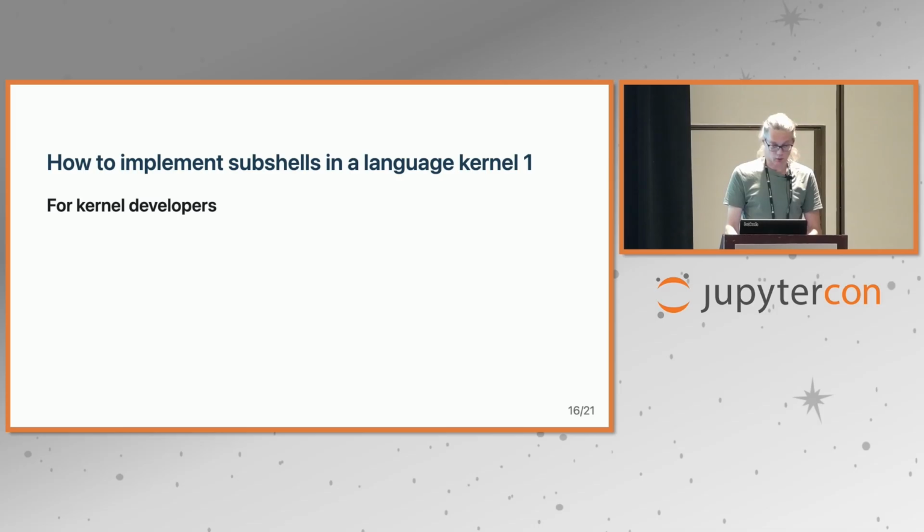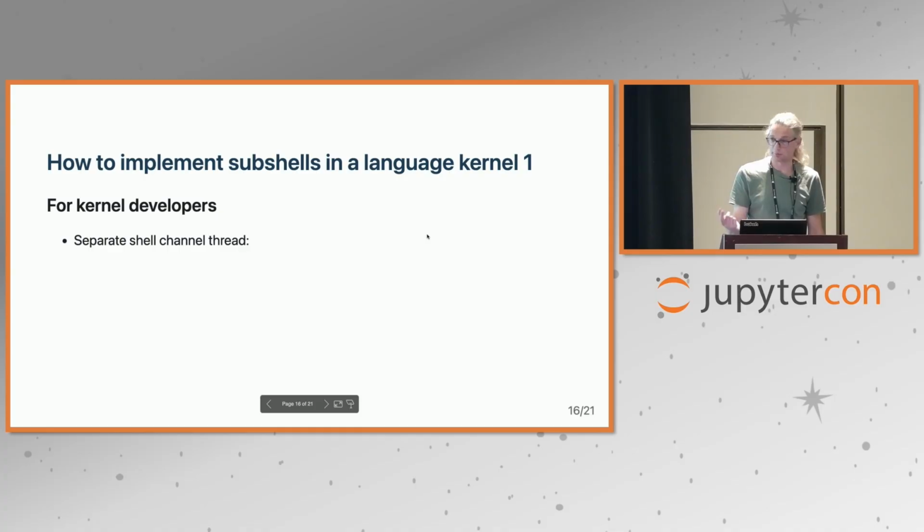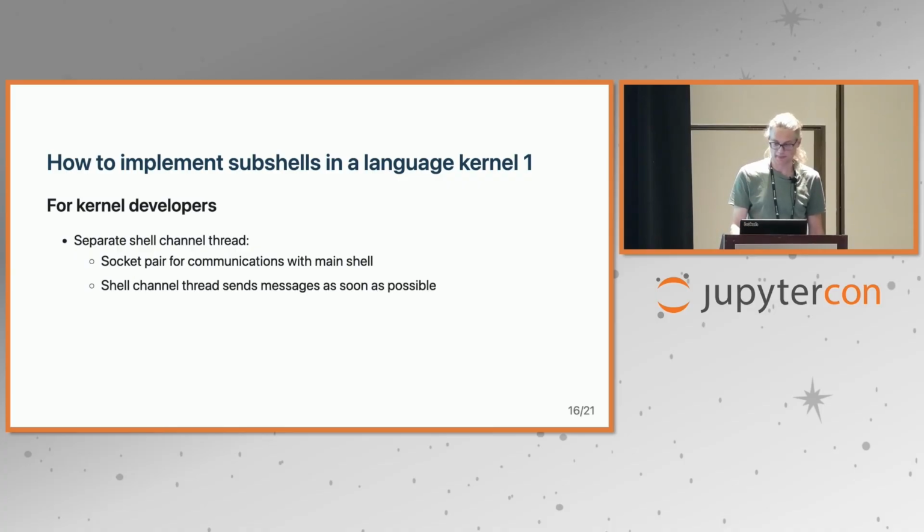Okay, quick couple of last slides. For anybody in the room who is a kernel developer, we've got a checklist. If you wanted to add kernel subshells to your kernel, this is what we do. First of all, you need a separate shell channel thread, and I would do this before the actual subshell work. So create the thread to handle all those incoming and outgoing messages, socket pairs, send messages from the channel thread to the main shell thread, awkward naming.